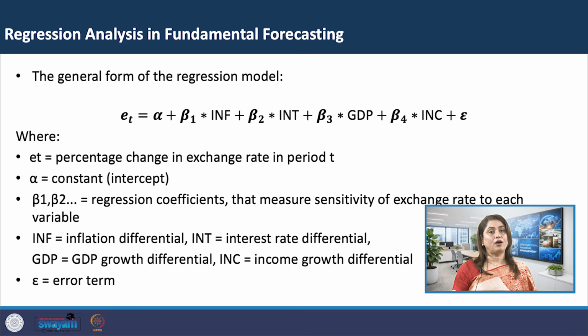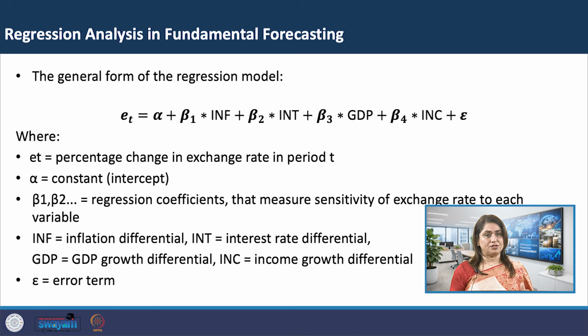Alpha is the constant or intercept, the baseline exchange rate change when all other variables are 0. Beta 1, beta 2, beta 3 and beta 4 are the regression coefficients. They tell us how much the exchange rate changes for a 1 unit change in each respective variable.